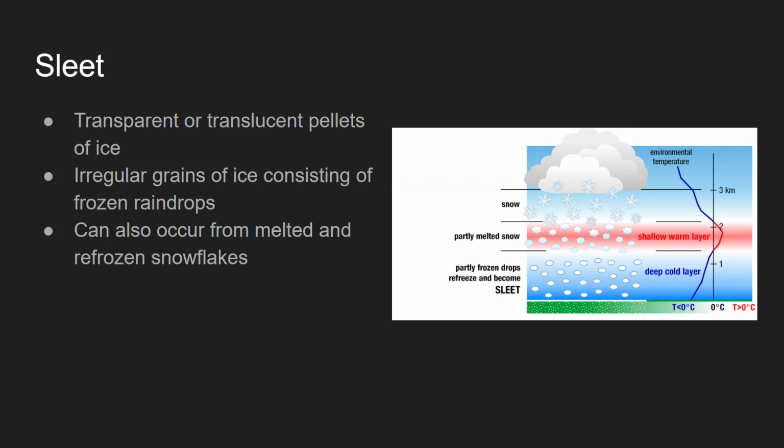So, transparent or translucent pellets of ice, irregular grains of ice consisting of frozen raindrops, can also occur from melted and refrozen snowflakes. That's actually more common because everything starts as snow. That's because of the average temperature of the atmosphere. In the troposphere, the air gets super cool at the top, so when precipitation starts to fall, it always starts as snowflakes.